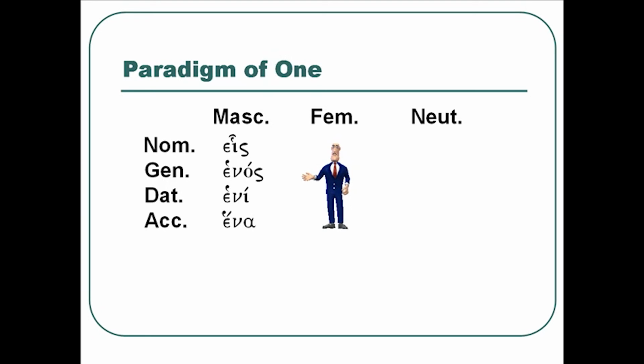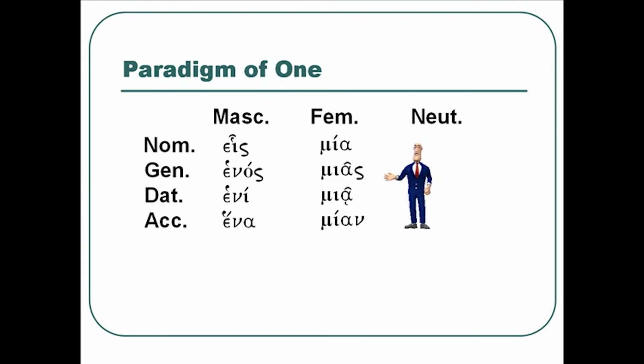The genitive form is henos, the dative form is heni, and the accusative form is hena. The feminine comes as mia, and then mias, mia, mian. And so you have the a, as, a, an endings that give you the nominative, genitive, dative, accusative, so that's not too bad. You just got to remember that mia is 1 in the feminine.